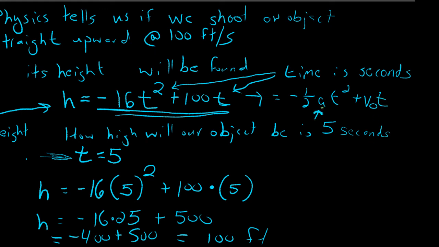A is always the same everywhere on Earth. It's 32 feet per second squared. So when I take half of 32 feet per second squared, I will always get 16. The problem doesn't go into all that background. For what we're doing, we don't need to know it, but that's where it came from.